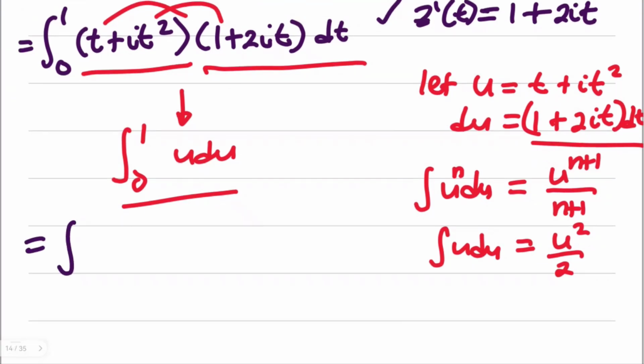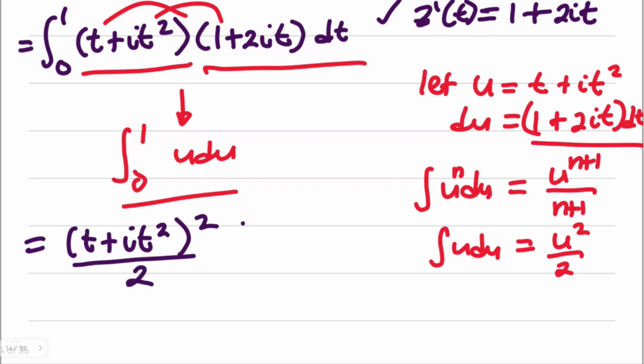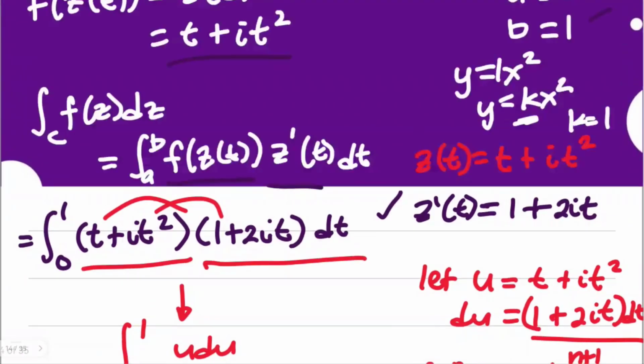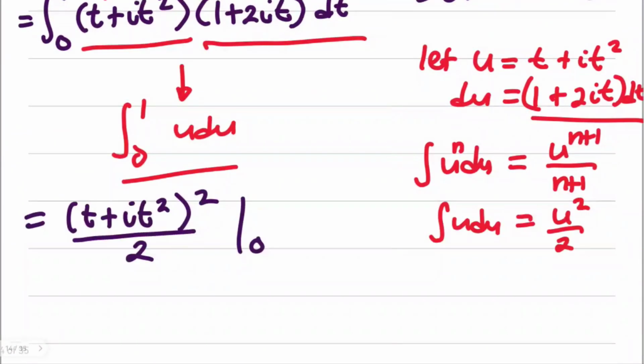Your u, this is 1 here. The integral of u du is this. So your u is actually t plus i t squared. You don't have the integral anymore because you already applied the rules of integration here. So you have t plus i t squared, square that, that's your u squared over 2, from 0 to 1.